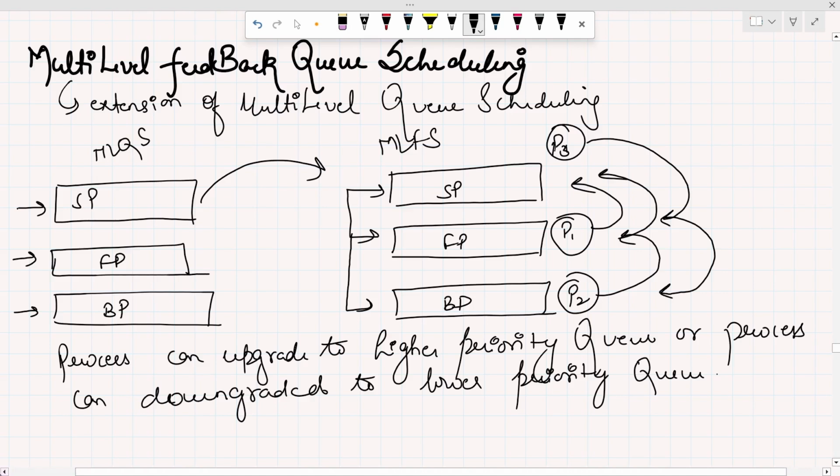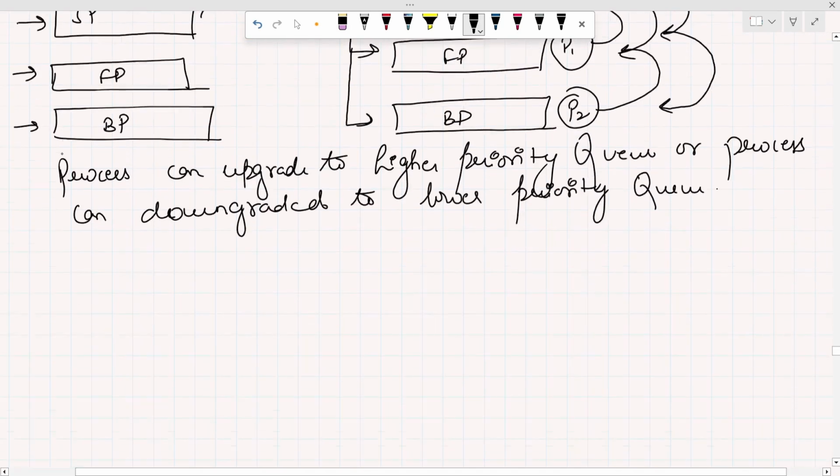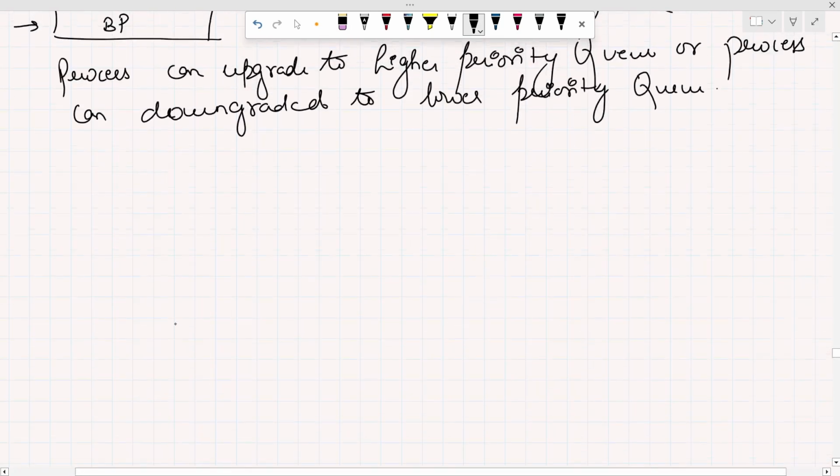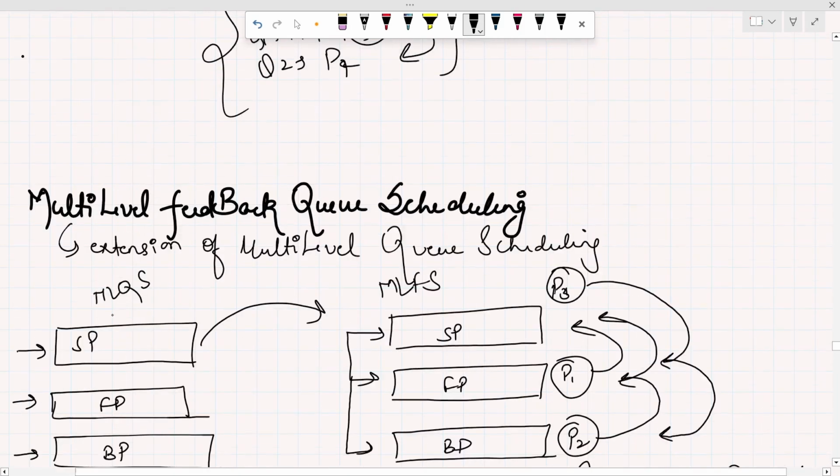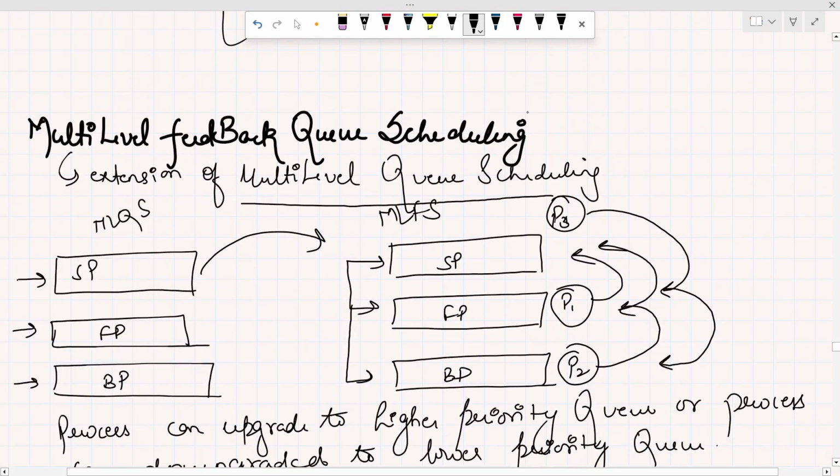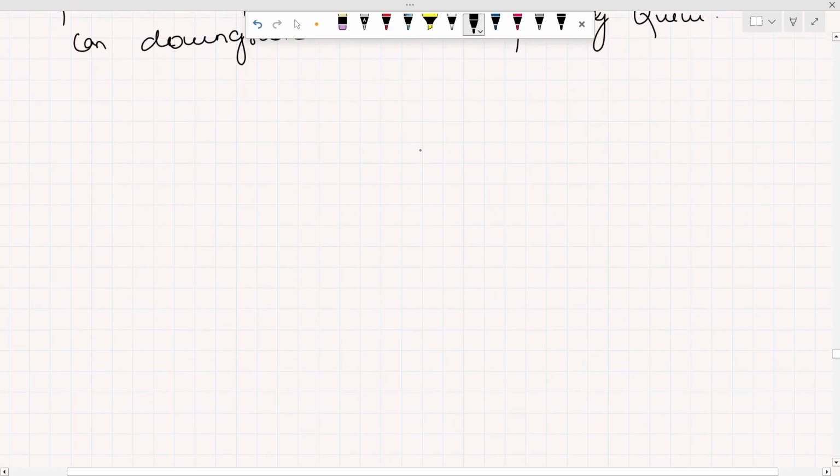Some numericals do come on multi-level queue scheduling, and this is an extended version of it. So however you solve a multi-level queue scheduling question, you solve a multi-level feedback queue question the same way. But if the question mentions that you have to move a process from a low priority queue to a high priority queue, then you understand it is a feedback queue scheduling algorithm.